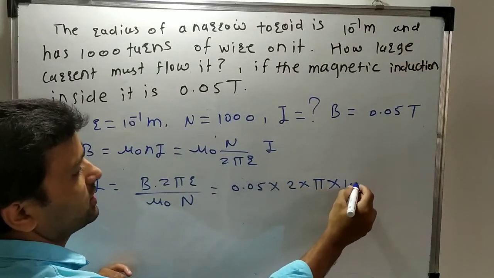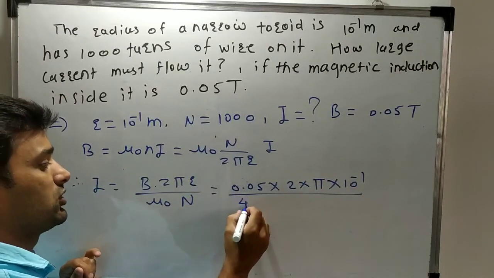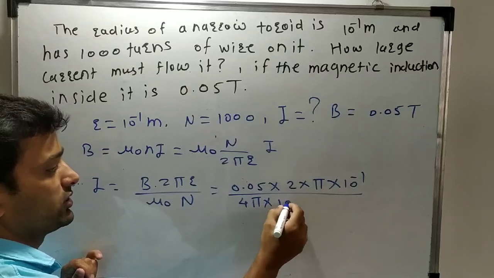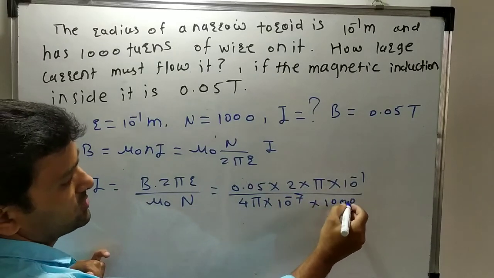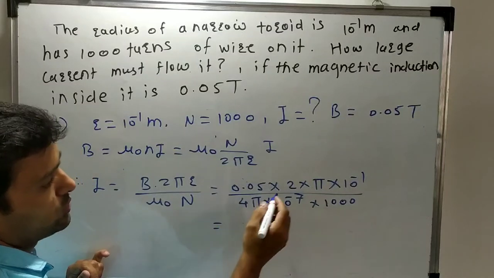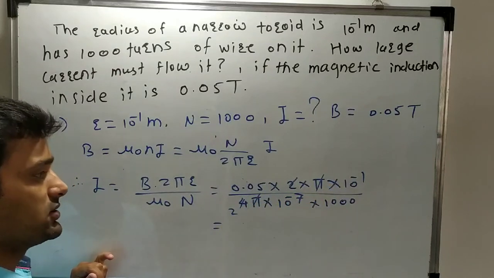What is the radius? 10 raised to minus 1 divided by mu naught, 4 pi into 10 raised to minus 7, into number of turns 1000. So 2 to the 4, pi will be cancelled.